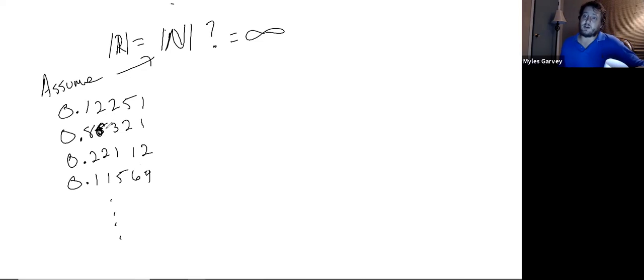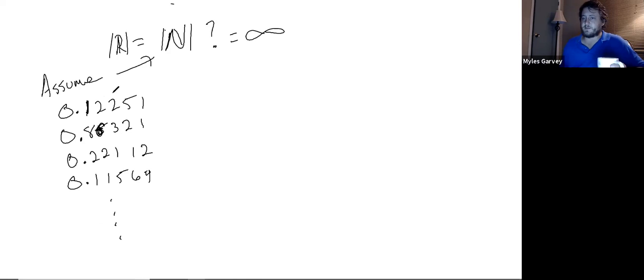The question is, can I construct a number that's not in this list? Because if I can, the two sets are not the same size, because I reach a contradiction. So let's see if I can do that, right? Let's construct a number.